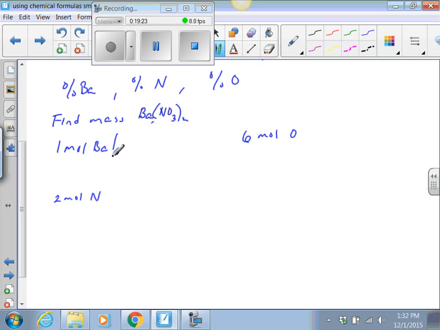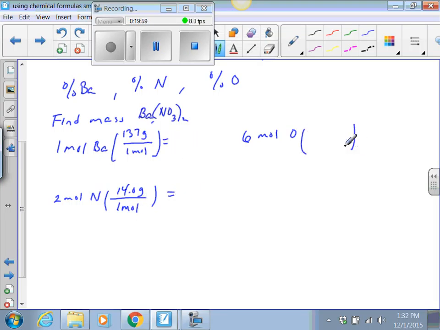Okay. So to find the number of moles of barium, we would say that there are 137 grams in every 1 mole, specifically of barium. This 137 is coming from the periodic table, rounded to 3 significant digits. The nitrogen is going to be 28, it is not, it is 14 grams for every 1 mole of nitrogen, again from the periodic table.